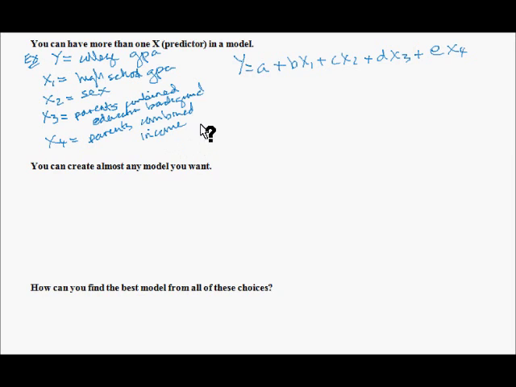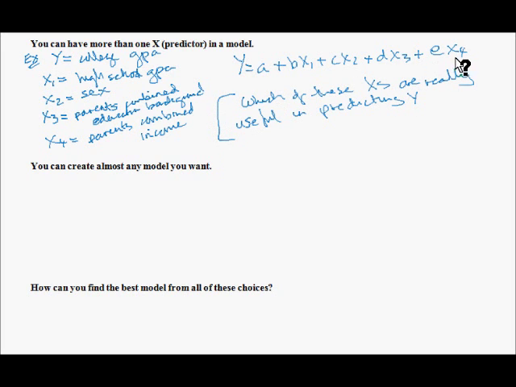So since there are lots of predictors, you've got a question here: which of these x's are really useful in predicting y? Because that's one thing you do with a regression model, right?